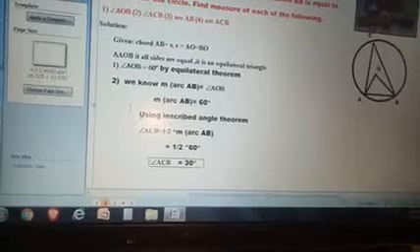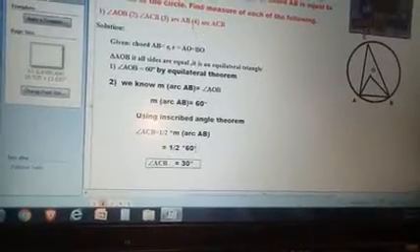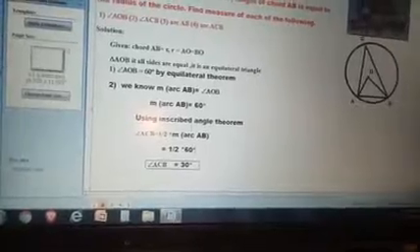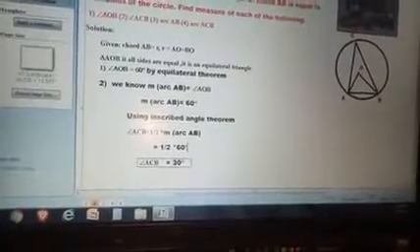Means arc AB is equal to 60 degrees, and last, arc ACB we have to find in the fourth condition. So the last condition is there.